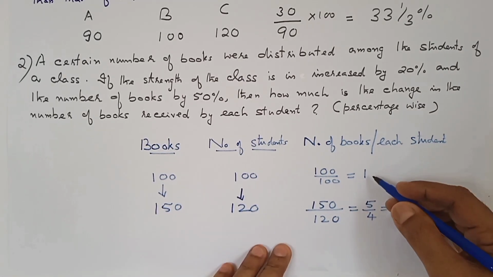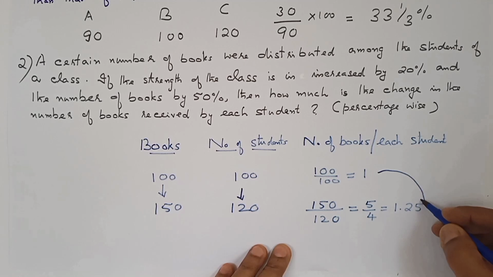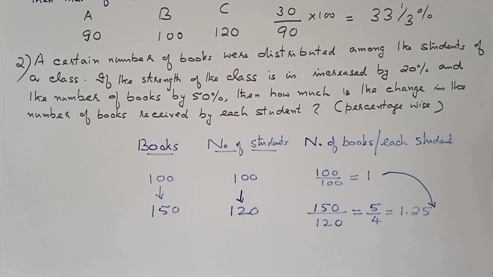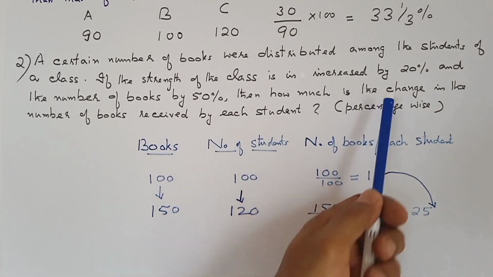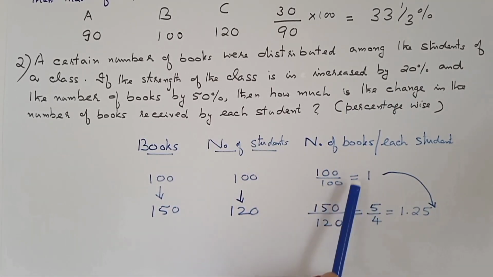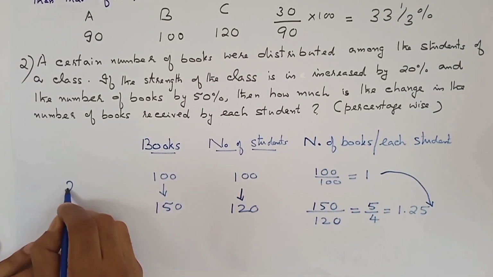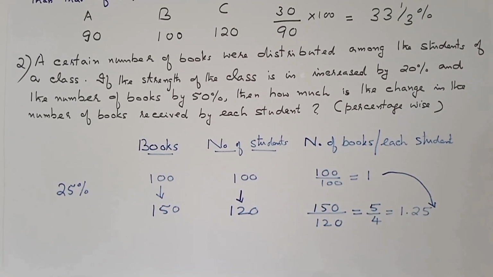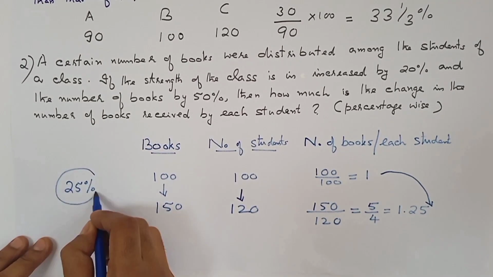So initially it was 1, and after the changes, it's gone up to 1.25. What does that indicate? The change is precisely an increase, and 1 becoming 1.25, easily you can say 25% as the increase in the number of books received by each student. This is the final answer to the question.